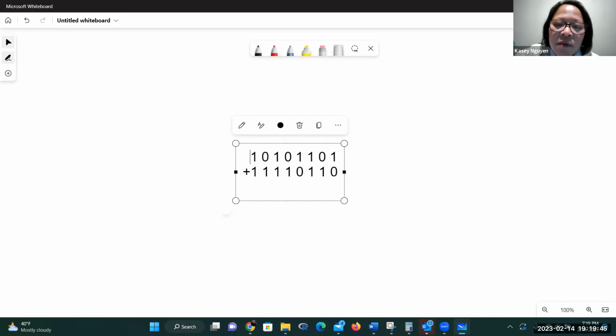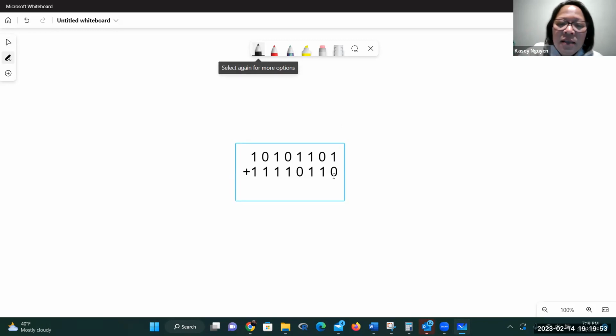Okay, so starting from the right, we're going to take this one and add it to the bottom. So a 1 plus a 0, we know that it's going to be a 1. A 0 plus a 1 is going to be a 1. A 1 plus a 1 is going to be a 0 with the 1 carry.